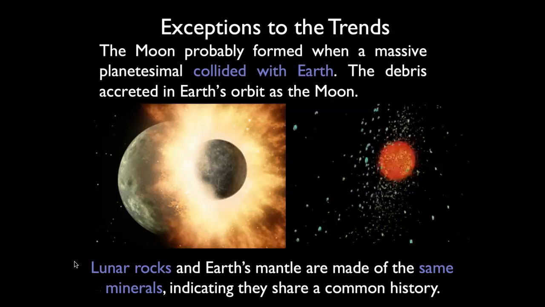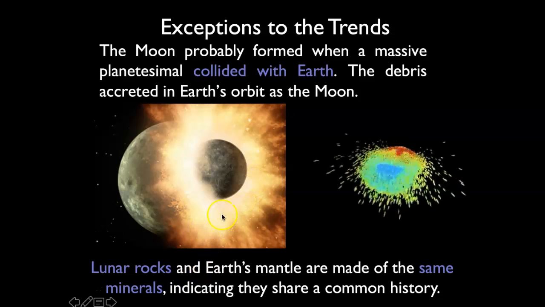Another big planet crashes into Earth and blasts off enough debris to create a big moon orbiting that planet. That's almost certainly, based on the rocks that we brought back from the moon, how our moon formed: during that period of heavy bombardment, early on in the solar system, from a massive collision.